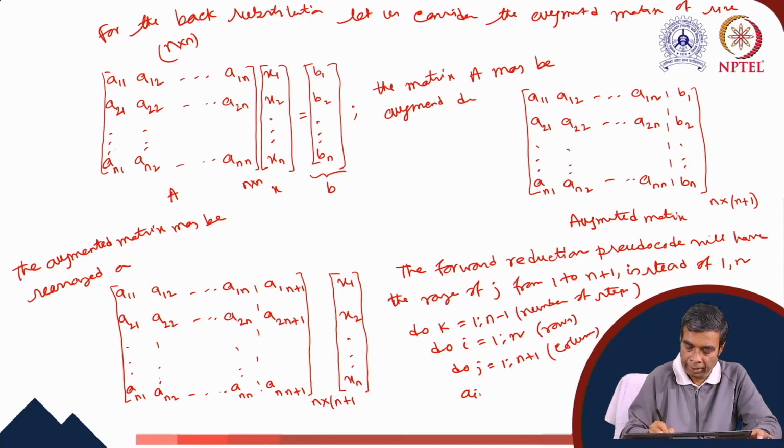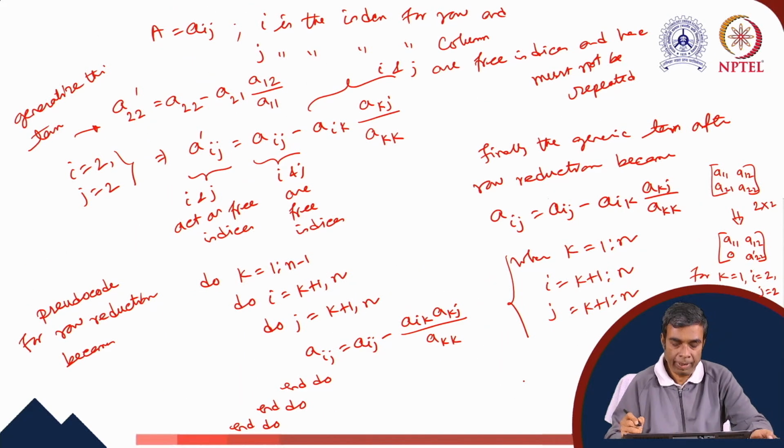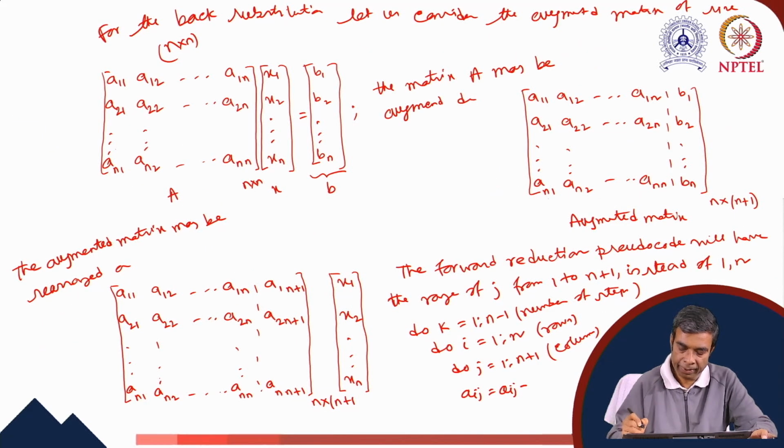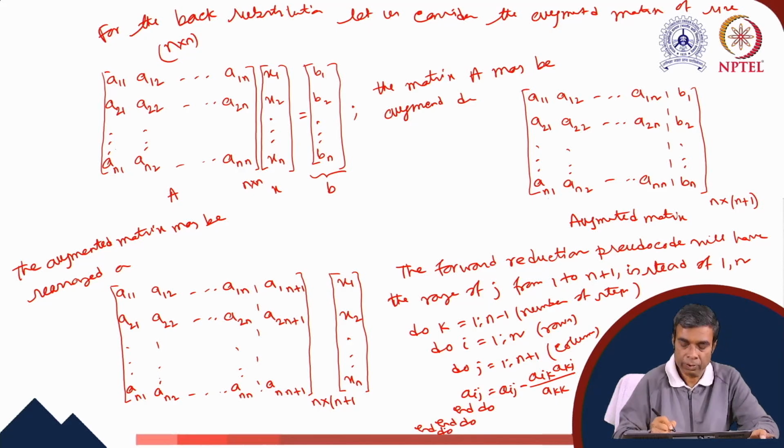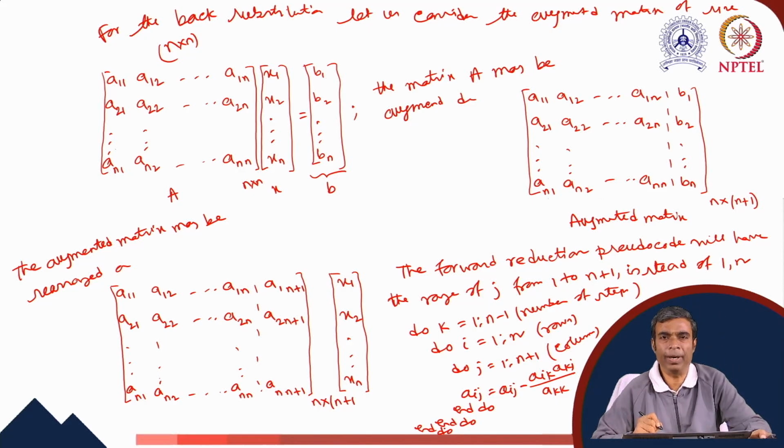So our Aij equals Aij minus Aik Akj by Akk, and end do, end do, end do. So for the augmented matrix, we have rewritten the pseudocode for the forward reduction.